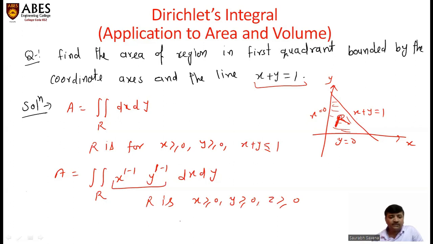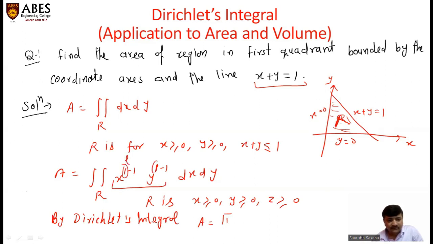Now we have got the concept of Dirichlet's integral, that in this case the function resembles the functional form of Dirichlet's integral and the region is matching with the region of Dirichlet's integral. So by Dirichlet's integral, the answer of this particular question may be written as gamma l gamma m, where l is 1 and m is 1, upon gamma of l plus m plus 1, that is gamma 1 gamma 1 upon gamma 1 plus 1 plus 1.